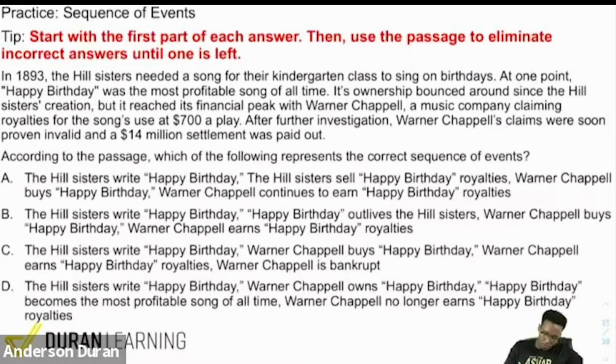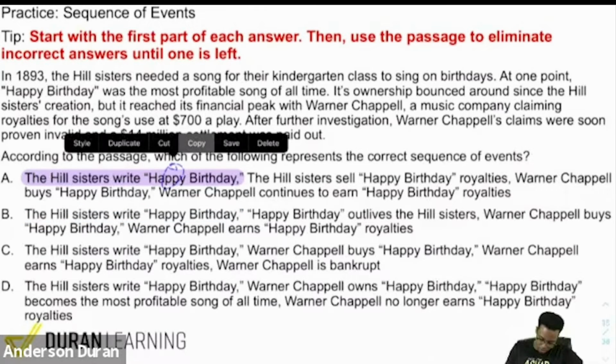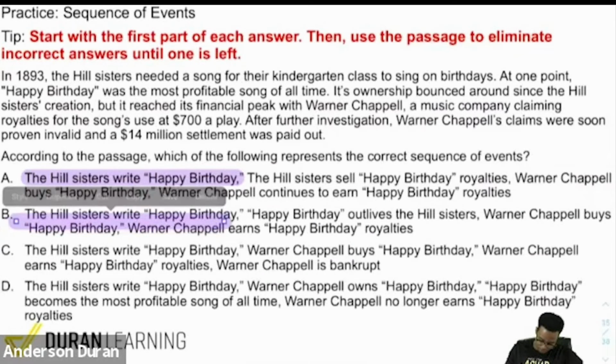Following represents the correct sequence of events. Again, the strategy I expressed to y'all was to use the answer choices. A starts with the Hill Sisters write happy birthday. Looks like we can just copy this, and the others start in the same way.